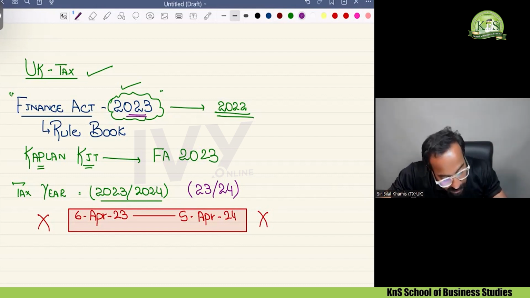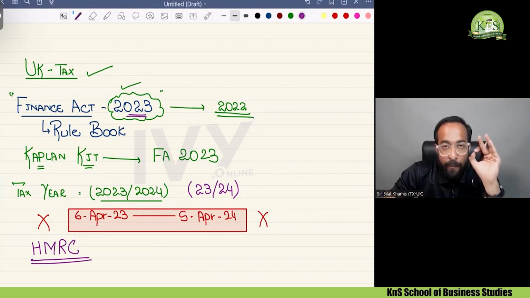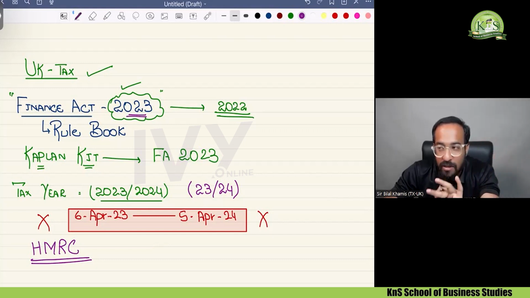The last point which is very important to understand is HMRC. This is the word I will be using throughout my lectures. H for Her, M for Majesty's, R for Revenue, C for Customs: Her Majesty's Revenue and Customs. What does it do?